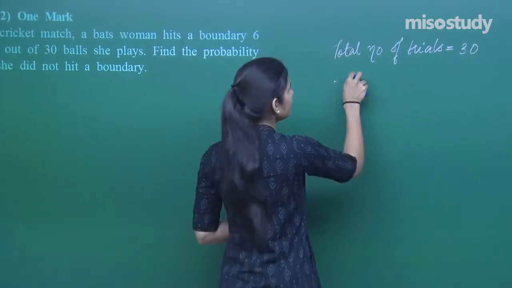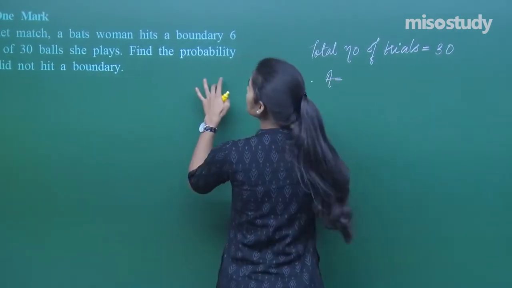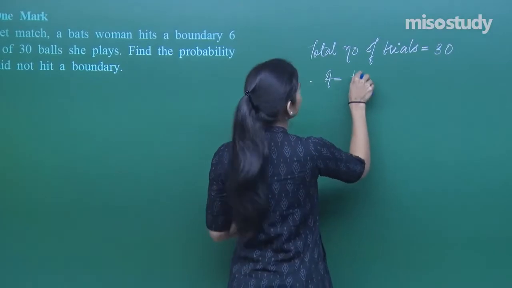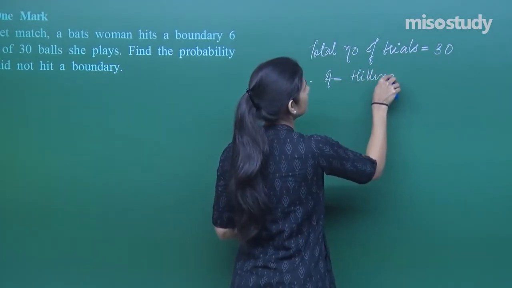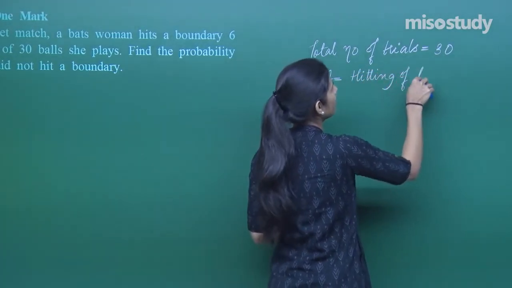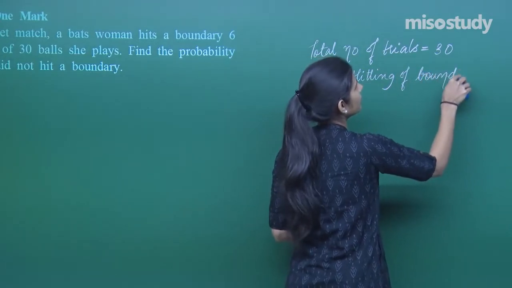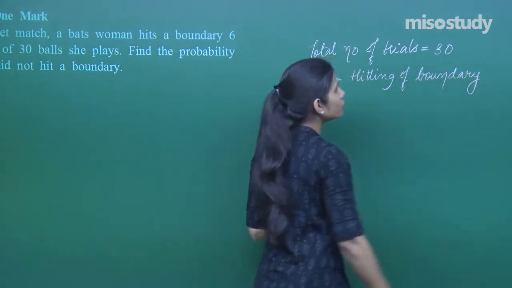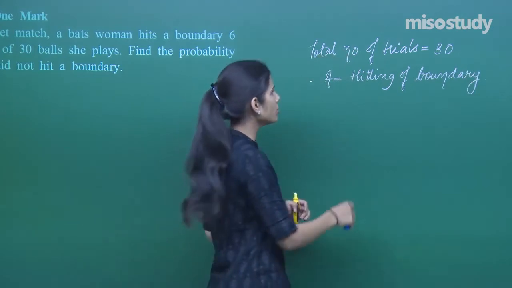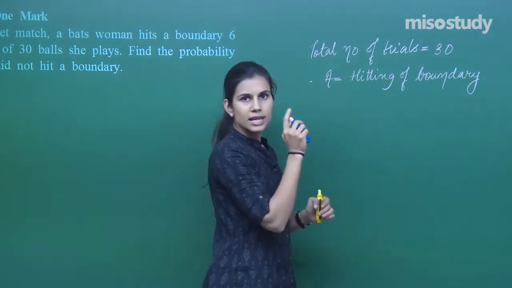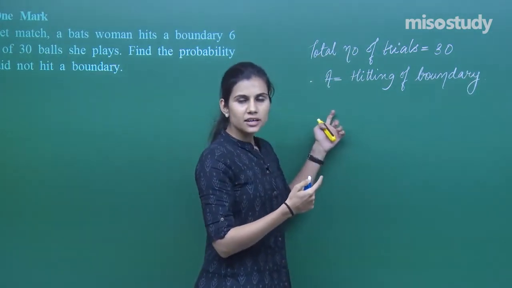If I say event A is hitting of boundary, then she is able to hit the boundary in 6 balls out of 30 balls. So, number of trials in which event A is occurring are 6.